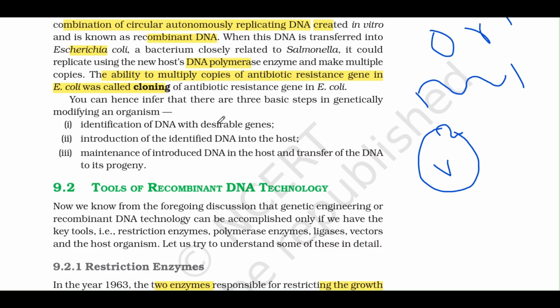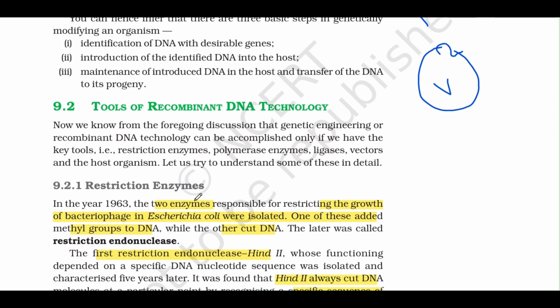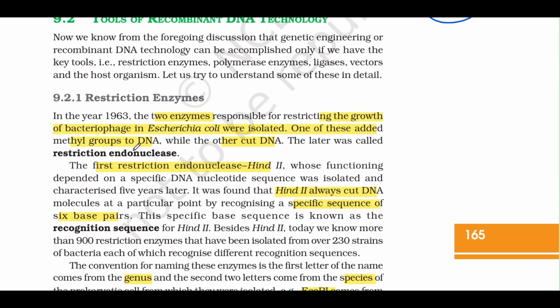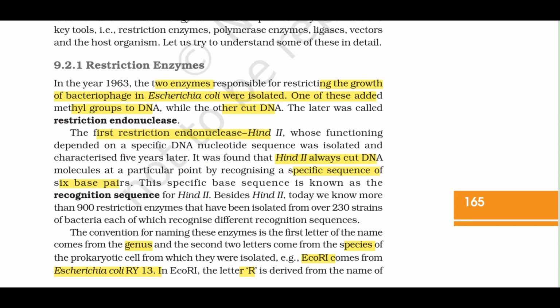Then next we go to the tools of recombinant DNA technology. The first one is the restriction enzyme, and there are two enzymes isolated from E. coli: one adds a methyl group to DNA, and the other cuts DNA, which is known as the restriction endonuclease.